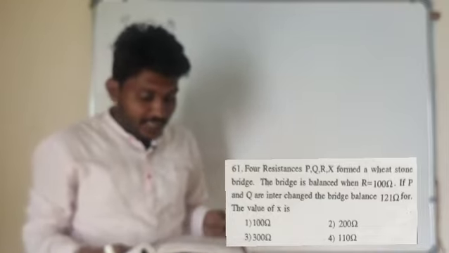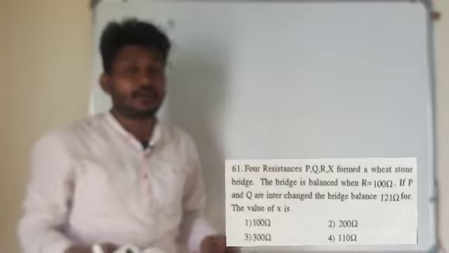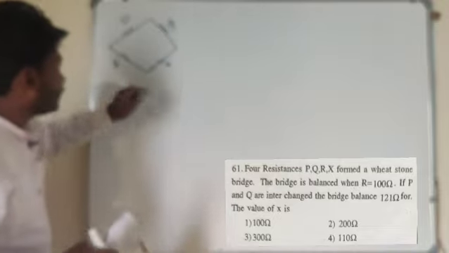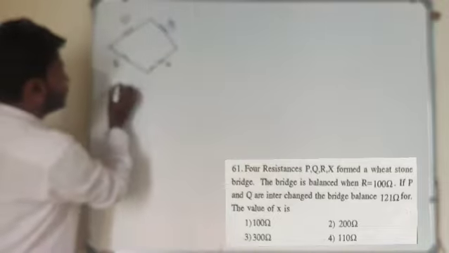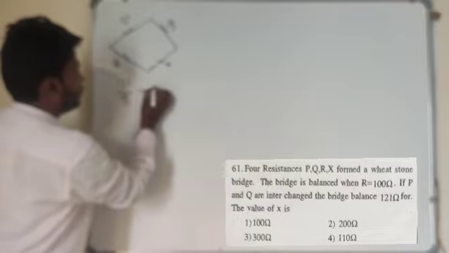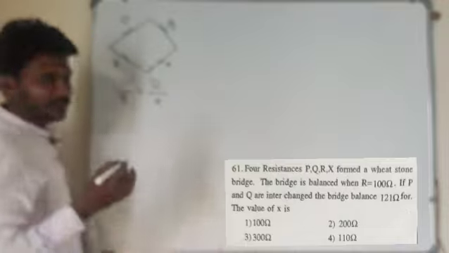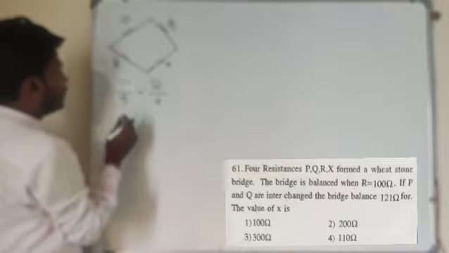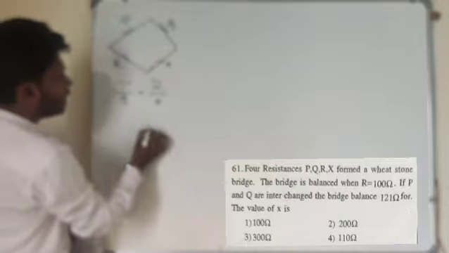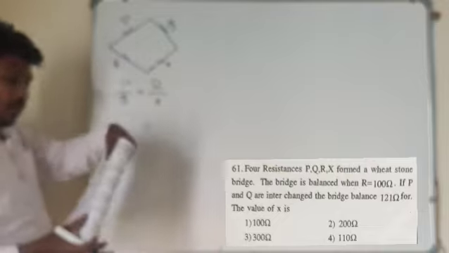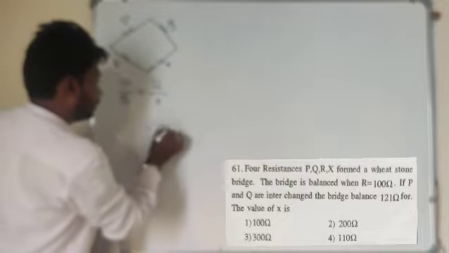If P and Q are interchanged, it gets balanced with 121 ohm. Then I need to find the value of X. Look here. P by Q is equal to R by X. In this situation, the R value they mention is 100 ohm.